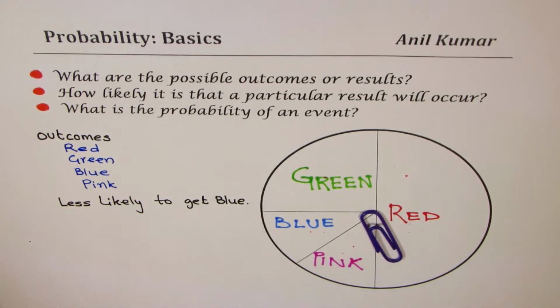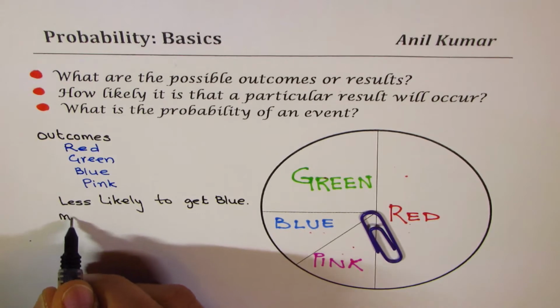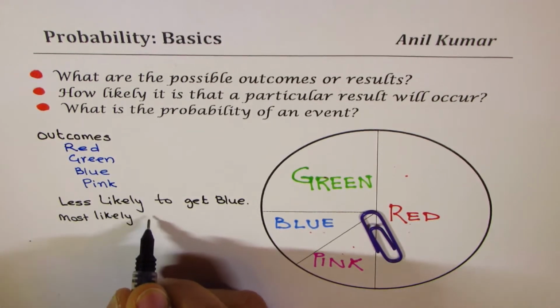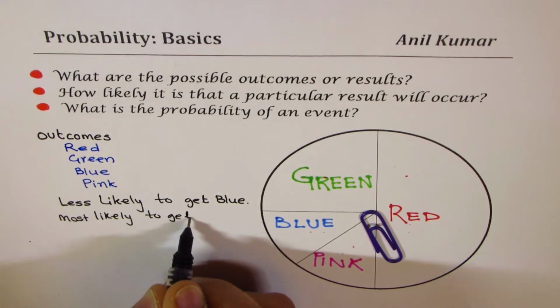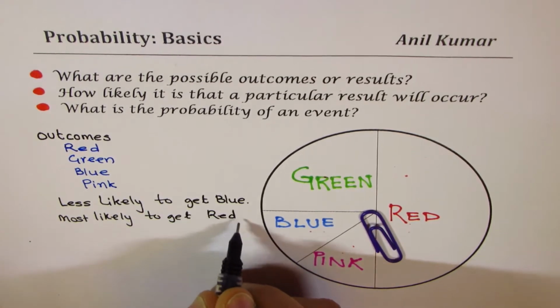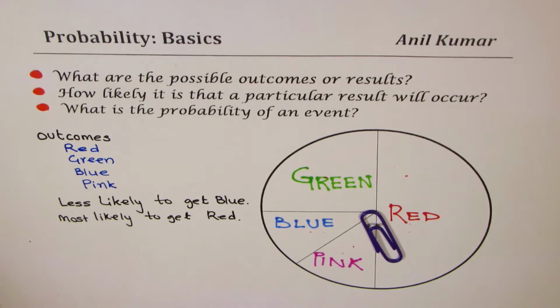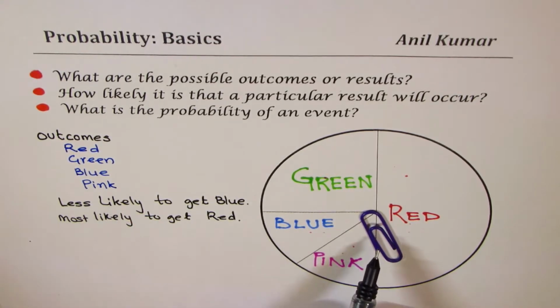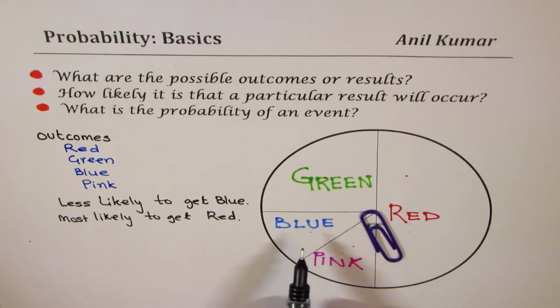How about getting red? I think it is very likely to get red, right? So it is most likely to get red. So we learn two terms: likelihood of an event, whether it is less likely or more likely.